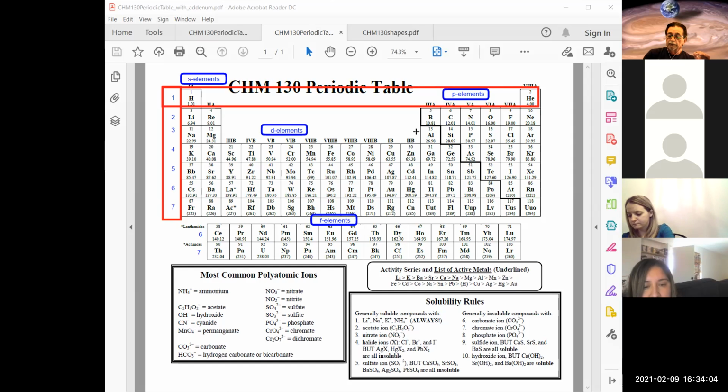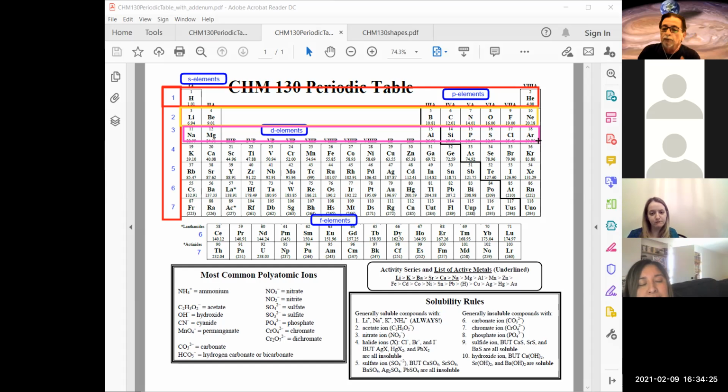Period number 2 encompasses lithium across to neon. Period number 3 starts with sodium and works its way across to argon, and so on down the road. There are 7 distinct energy levels, and the periodic table denotes them by the numbers 1 through 7 down the periodic table, and those are distinct energy levels.